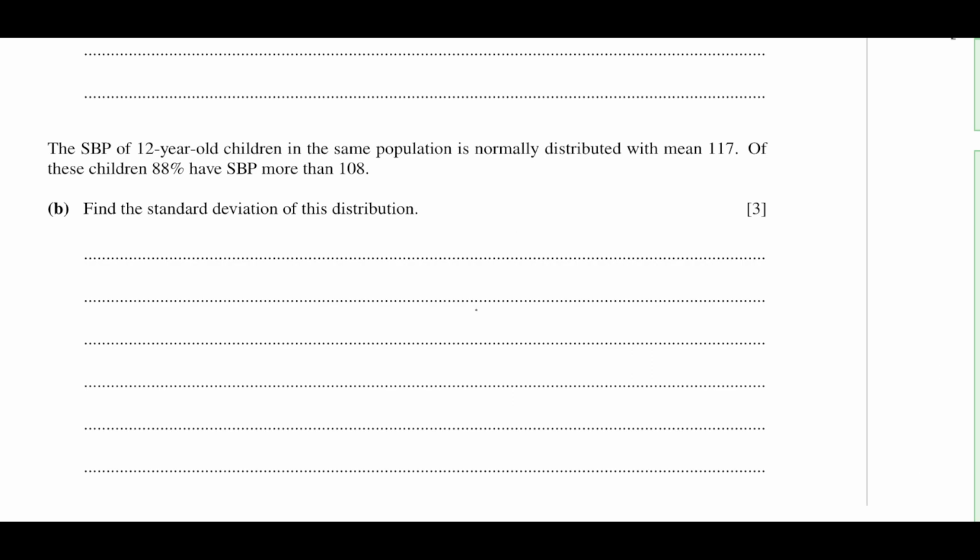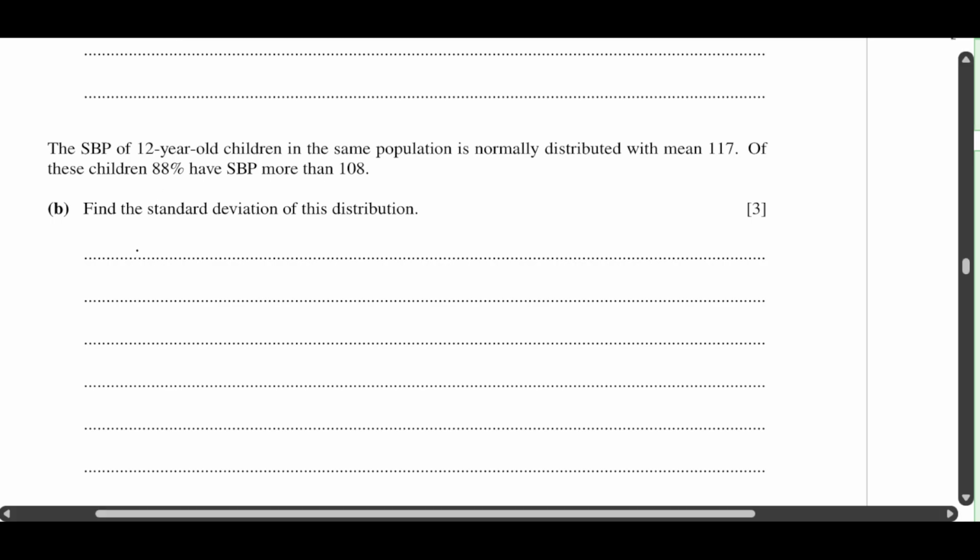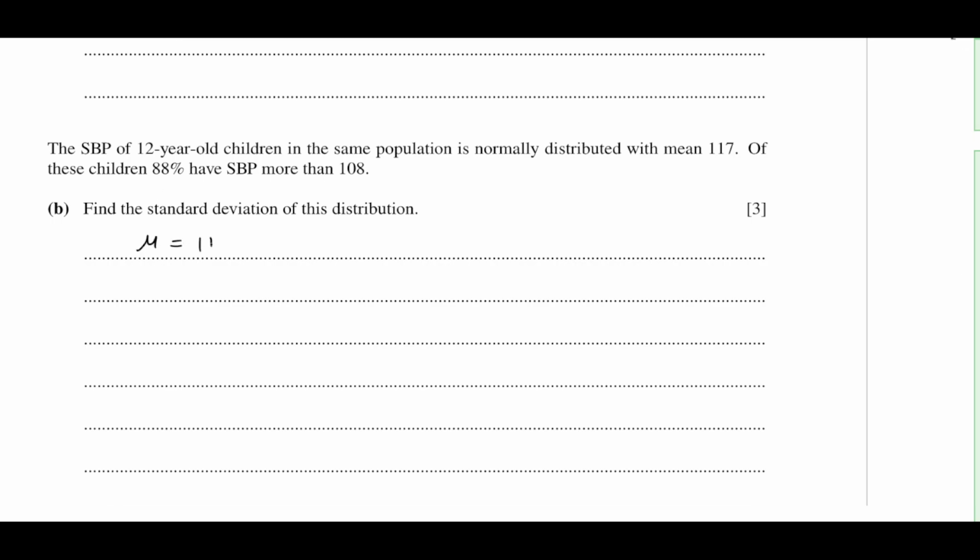Here the mean, mu, sorry, again I am making the same mistake, mu is given as 117. And it is given that 88% of children have SBP more than 108. So the probability of x greater than 108 is 0.88.